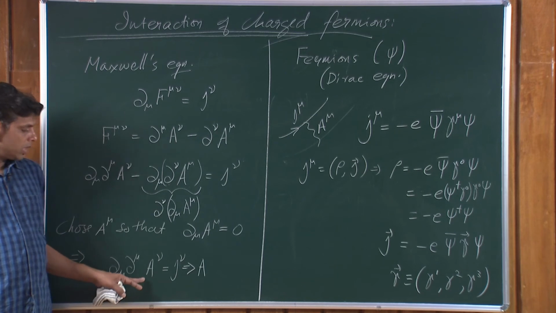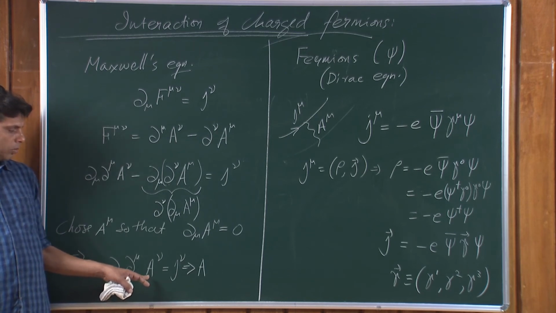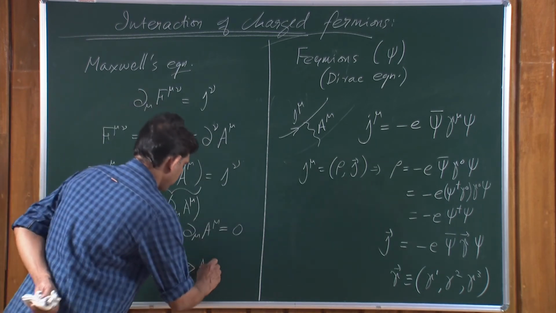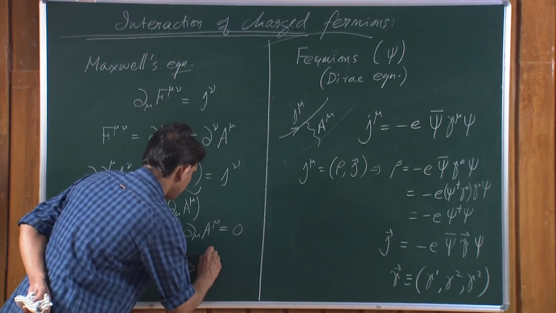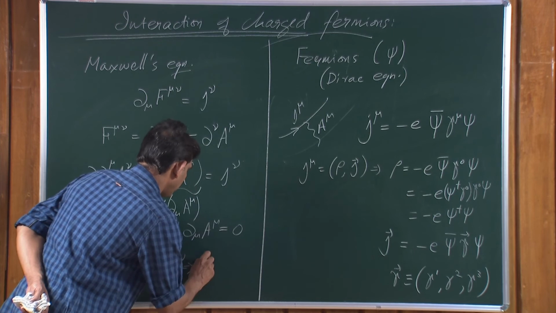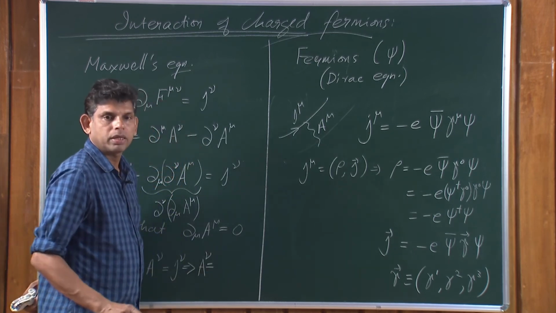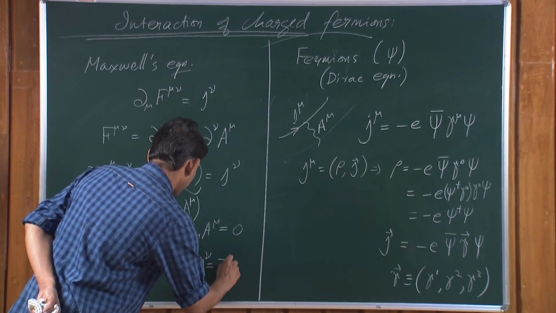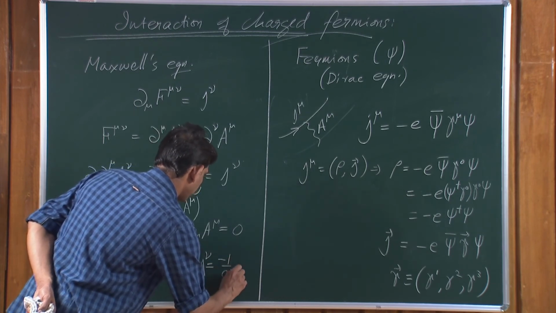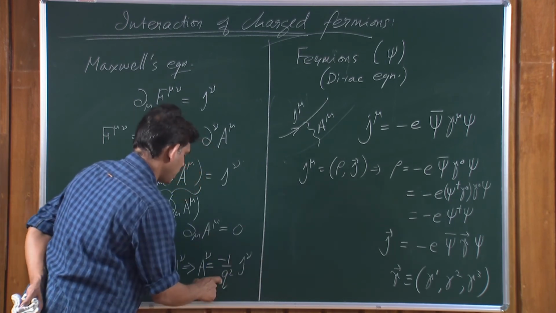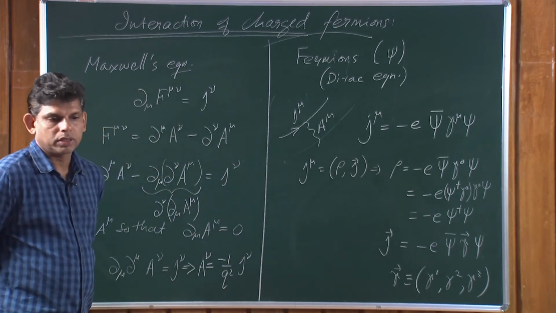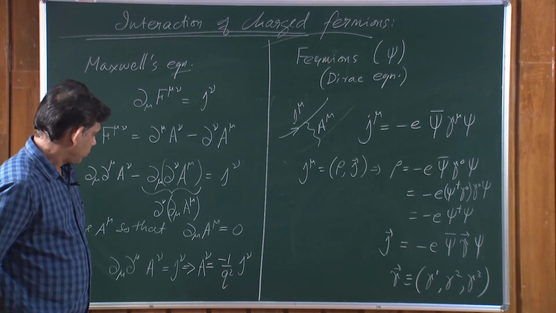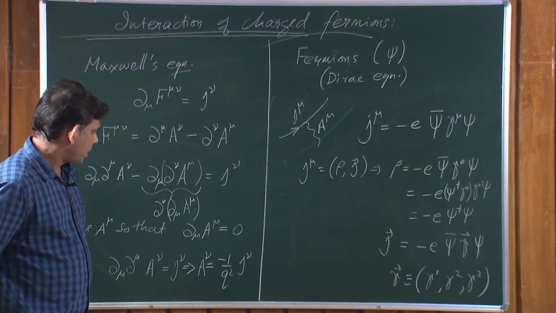So, can we say what is the different type of A mu? Yes. Without going into the details, let me give you the solution: A nu equals minus 1 over q square J nu, where q square is essentially the momentum transfer.